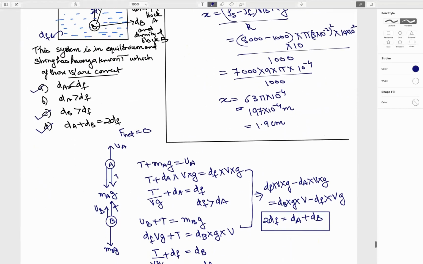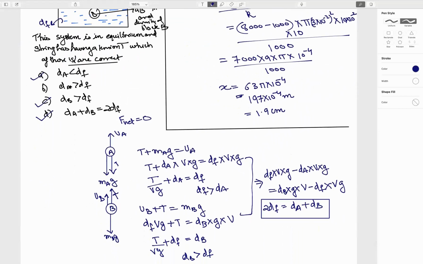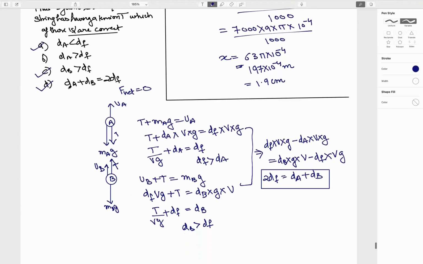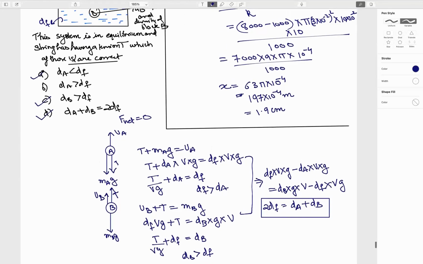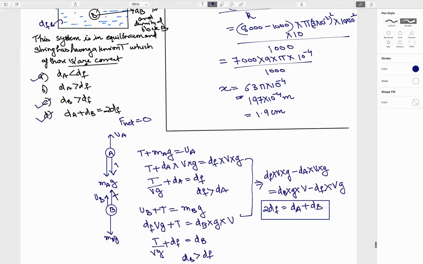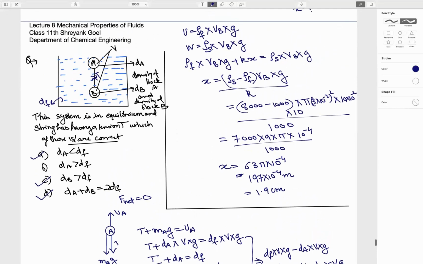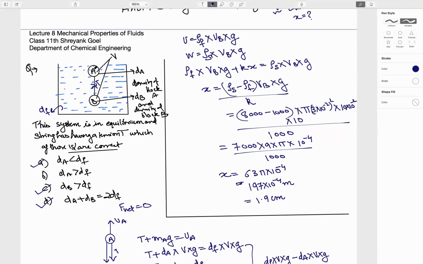I will not prefer that option, but by intuition, if you have that kind of understanding, you can come to the A and C options just by intuition. The density of A is trying to move up, so the density of A should be such that it will float.